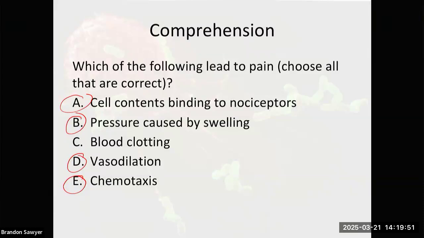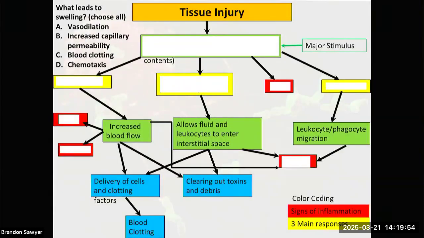Okay. All right. I guess you got one more clicker question here. But this is just kind of a flow chart to walk you through that. It really starts with releasing histamine and cell contents, right? And then from there, we have our three main responses. Our first main response is vasodilation, which was directly caused by the histamine.